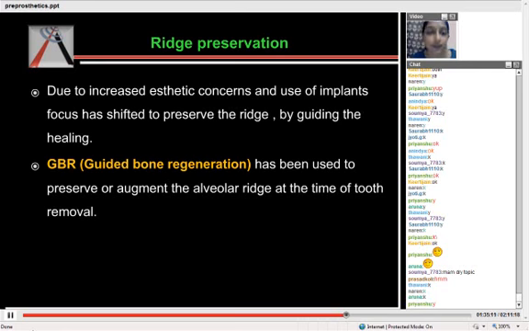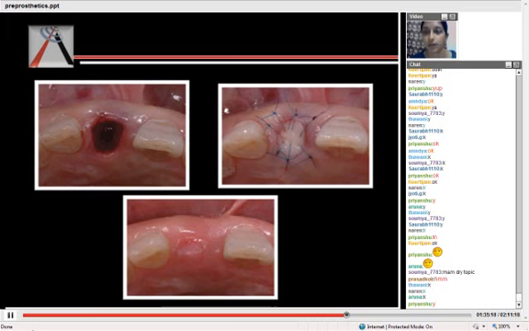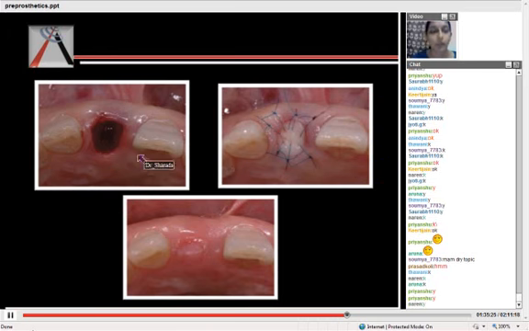Ridge preservation. Now this is a new ideology. I'll show you this. Can you see this? This is the extraction socket. Ordinarily, in multiple extraction what we do is crushing and everything, right? We allow the socket to heal. Now, what they did was, they filled it up with some amount of autogenous bone graft and hydroxyapatite crystals inside the socket.